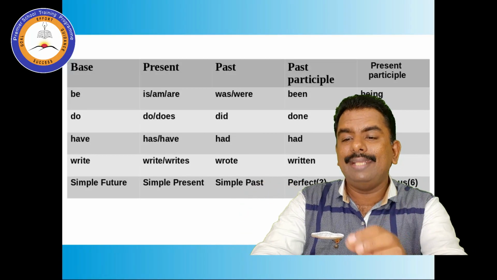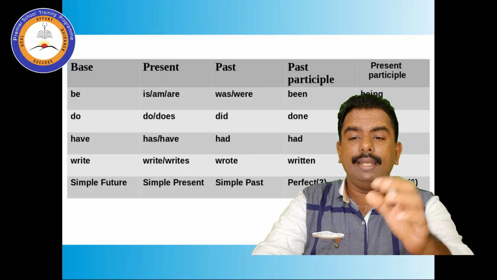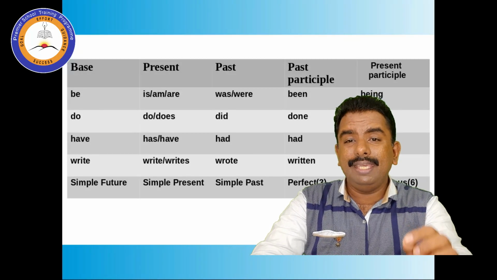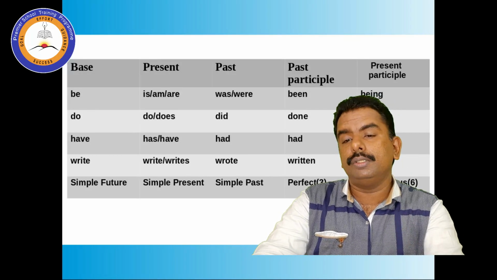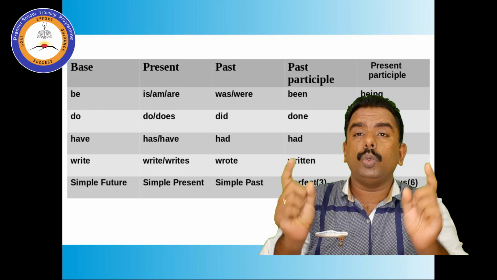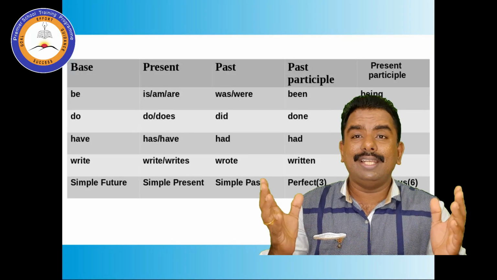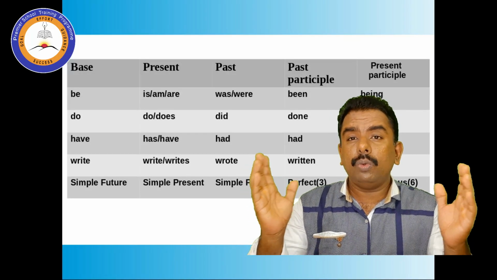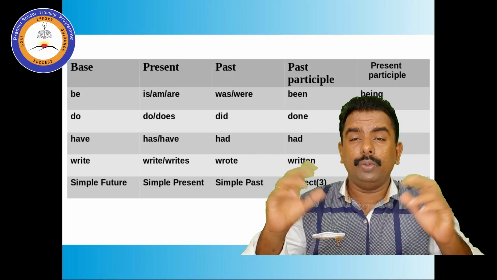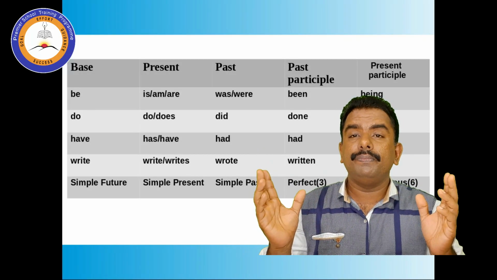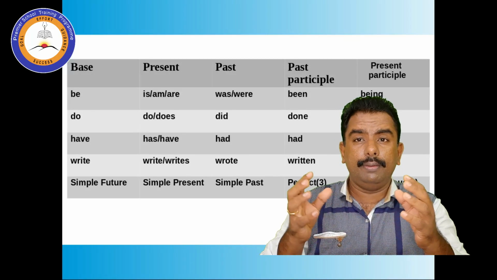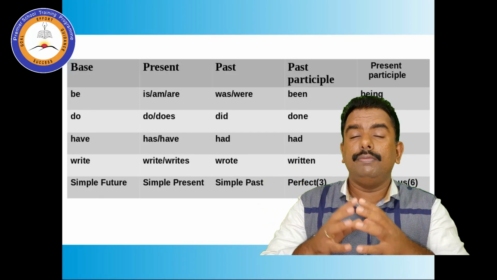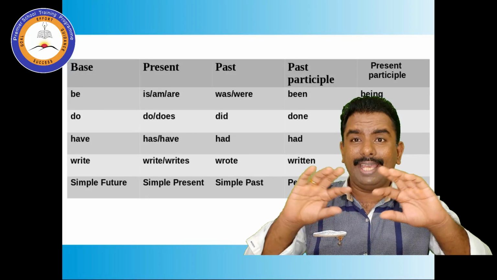Here, examples are there. Be is an example. Be, do, have. These three verbs are very important because they have two roles. You know that in films, the hero is playing a double role. In the recent advertisement of a Banyan, the famous star Akshay Kumar is playing a double role.